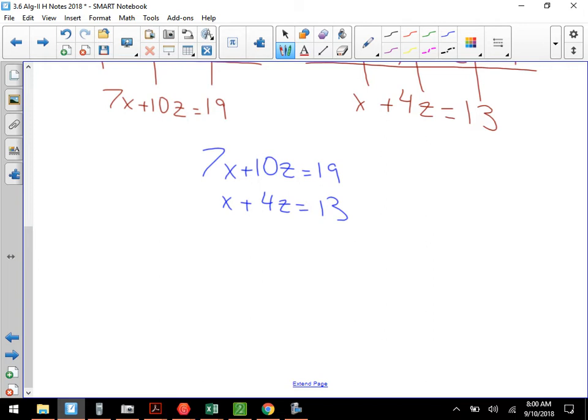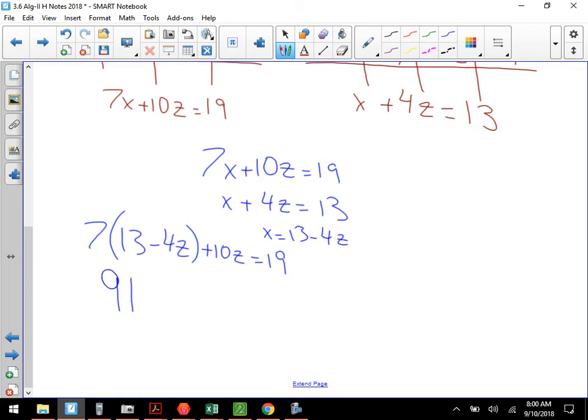Okay? So then I know that x is 13 minus 4z. So let's see here. We get 7 times the quantity of 13 minus 4z plus 10z is 19. 91? Is that right? Subtract the 19.